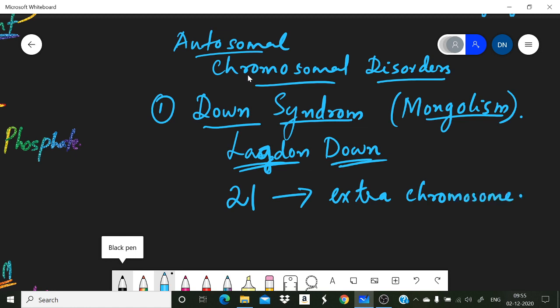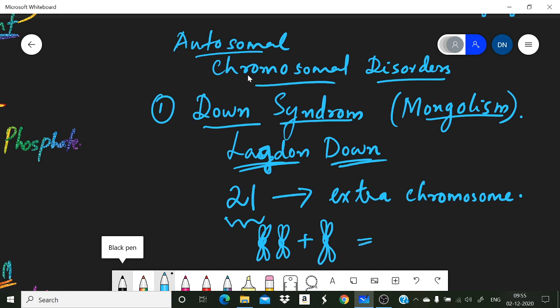That is why chromosome number 21 has two pairs of chromosomes like this. This is a normal condition, two pairs of chromosomes, but here an extra chromosome forms. So chromosome number 21 got one additional chromosome.